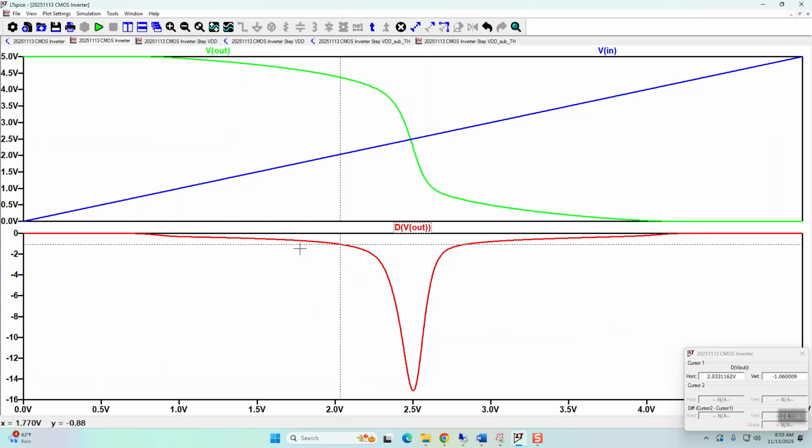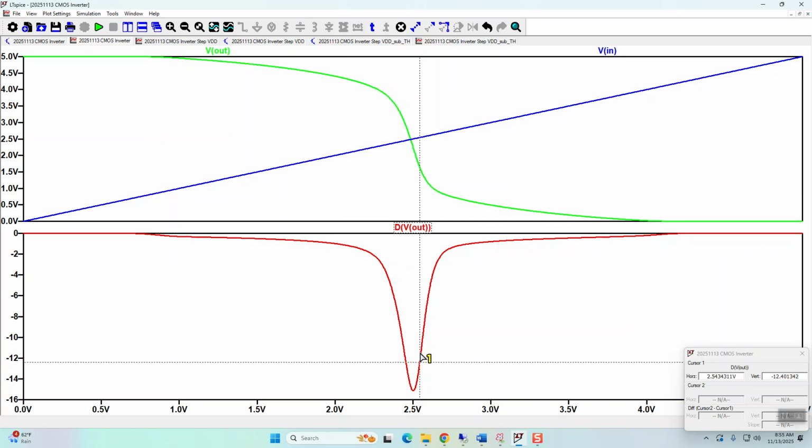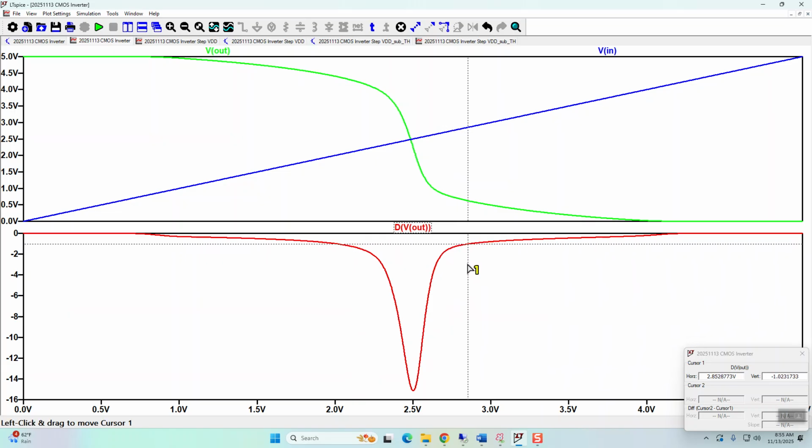So anything up to 2 volts should give an output logic high, or be interpreted as a high. And then anything above 2.8 volts should be interpreted as a logic low, right? But in here you have this kind of dead man's region, where you're not really at a logic level.